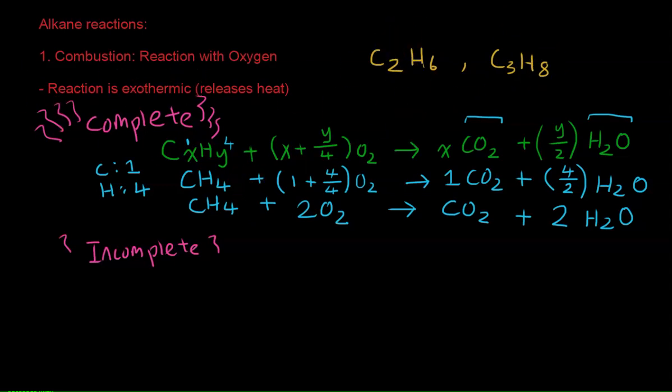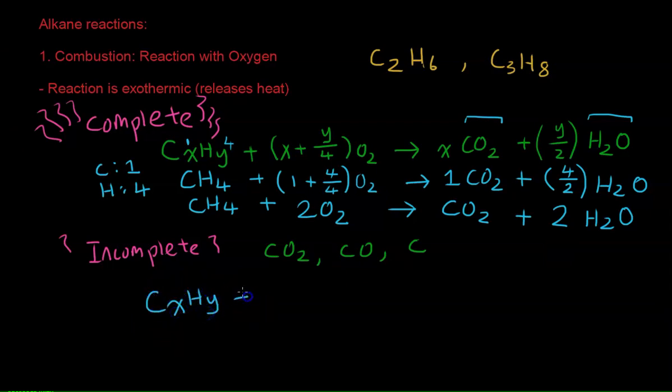Now for incomplete combustion. Remember, the products we get are carbon dioxide, carbon monoxide, and carbon. I told you that examiners cannot test you to predict the products here, but if they ask you to suggest a possible equation, this is what you can suggest.